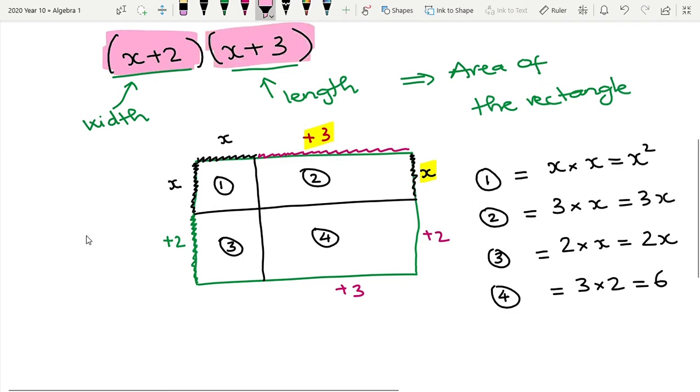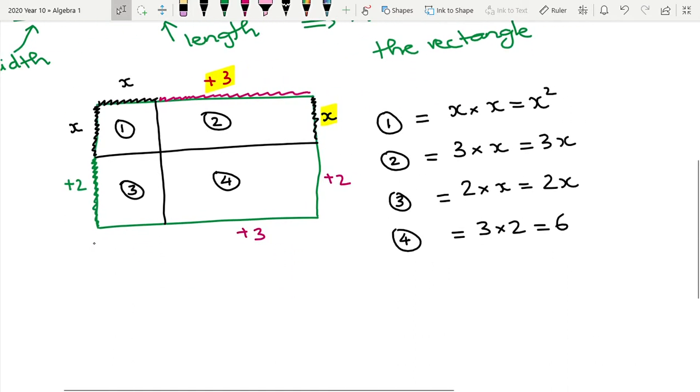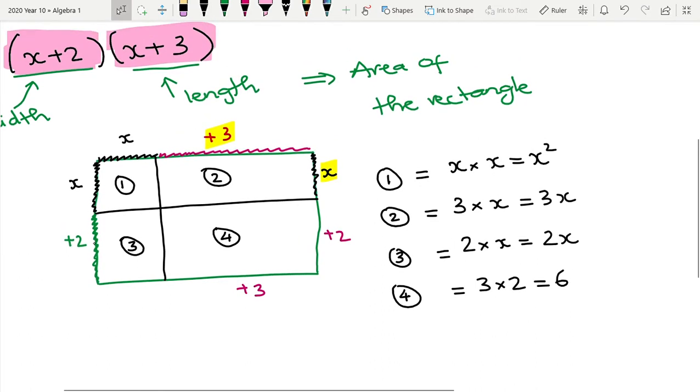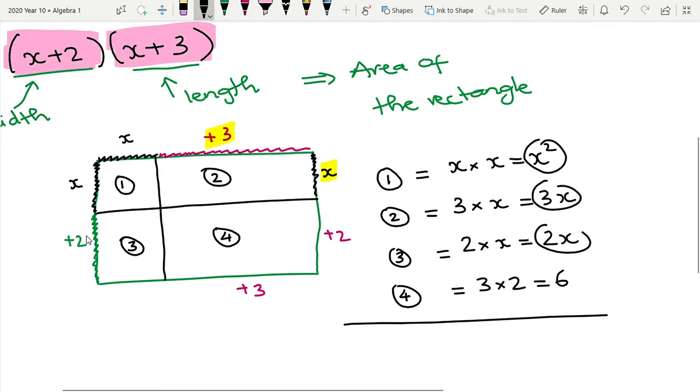But the big area is made up of 4 small areas. So now, if I add those 4 small areas together, I hopefully will have something special for you. So I'm going to add this guy, this guy, this guy, and this guy together, and see what I have. Because 4 small rectangles make up a big rectangle.